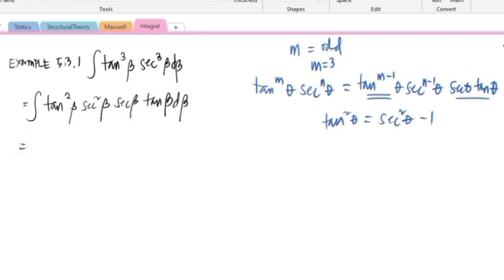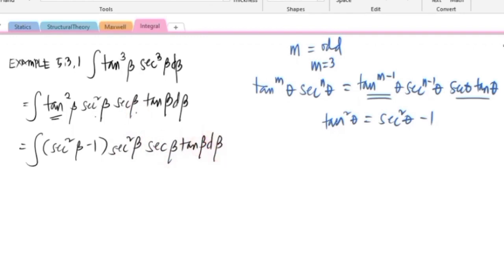So, si tangent ay i-express natin in terms of secant. And that would be secant squared beta minus 1 multiplied by secant square beta times secant beta tangent beta d beta. So, etong secant square na to ay i-distribute natin dito. So, sabi ko nga, be careful. Baka itong secant beta ay maibalik natin dito. So, dapat itong secant beta, palaging kasama niya yung tangent.